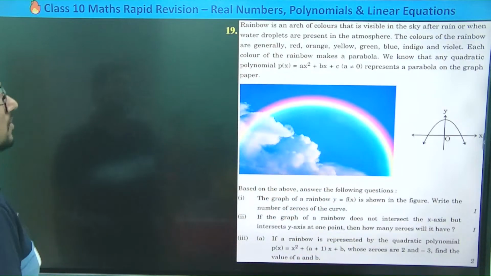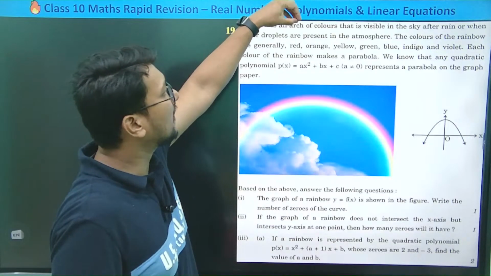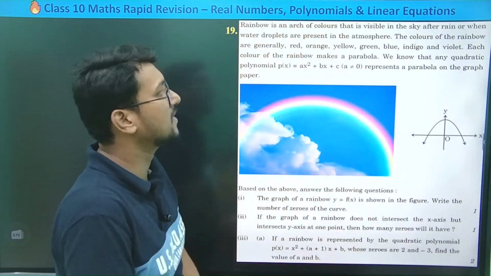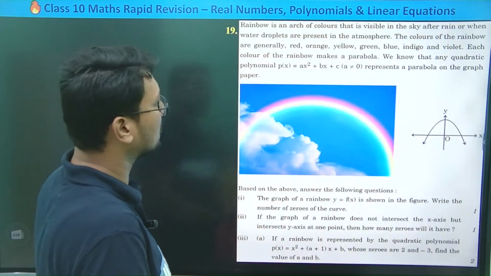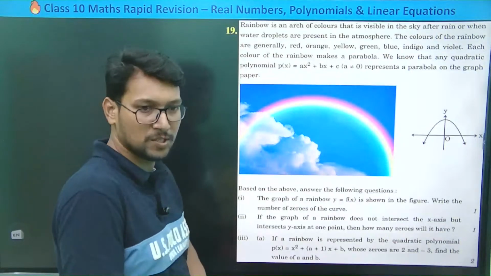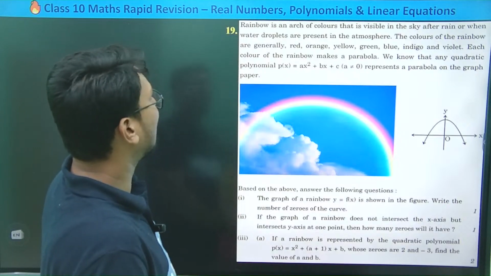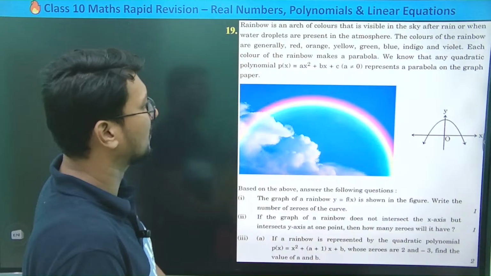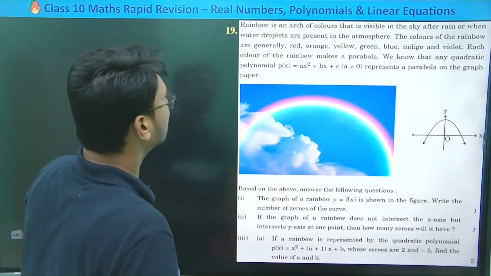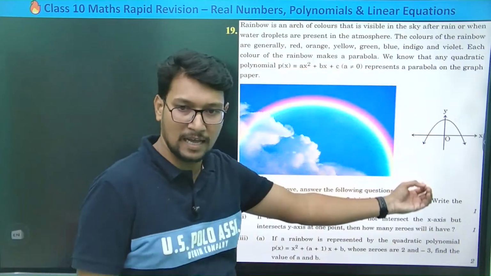See this question, children. A rainbow is an arc of colors that is visible in the sky after rain or when water droplets are present in the atmosphere. The colors of a rainbow are generally red, orange, yellow, green, blue, indigo, and violet. Each color of the rainbow makes a parabola.